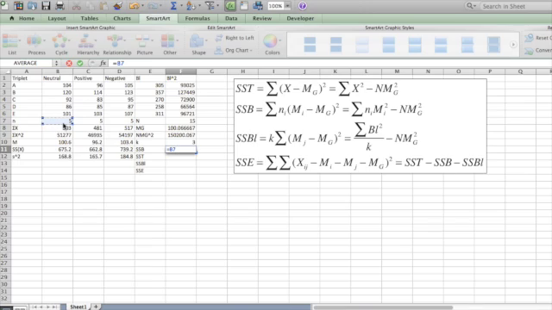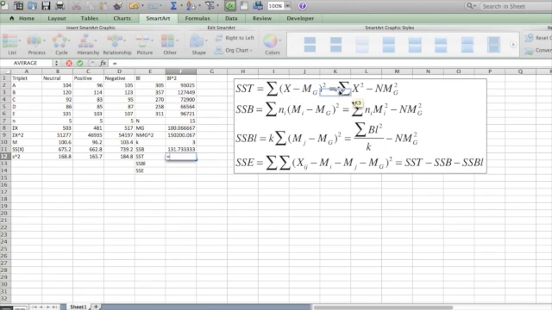So n times the first mean, I square that, and then I'm going to add that to n times the second mean squared, plus n of the third group times its mean squared, and then I'm going to subtract nmg squared. That'll give me sum of squares between.